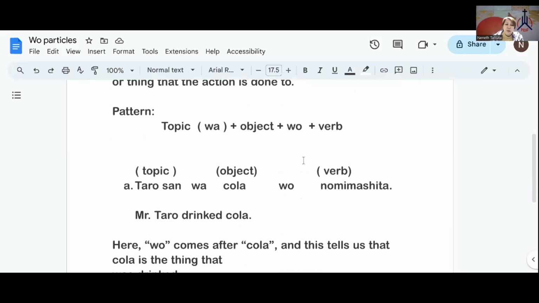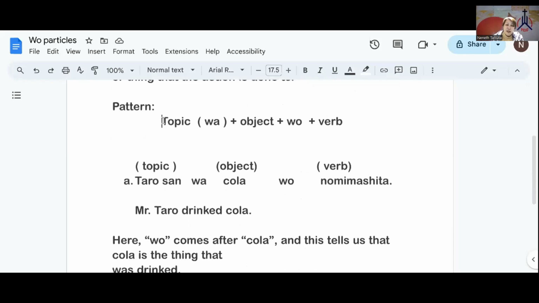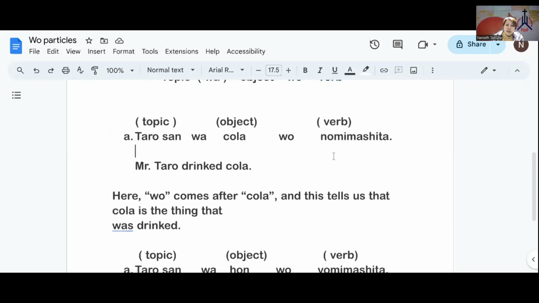For example, here is your pattern: the topic, and then your particle wa, your object, plus your particle wo, and then your verb. So, for example, Taro-san wa cola o nomimashita. Mr. Taro drank cola, or Coca-Cola.